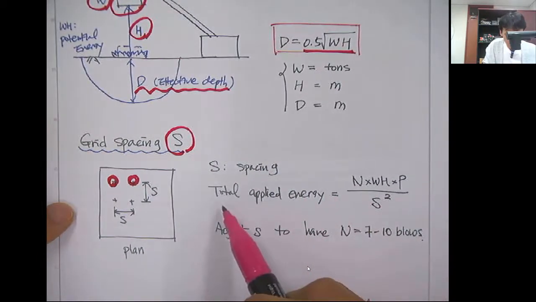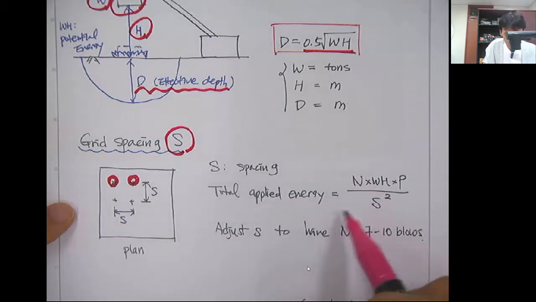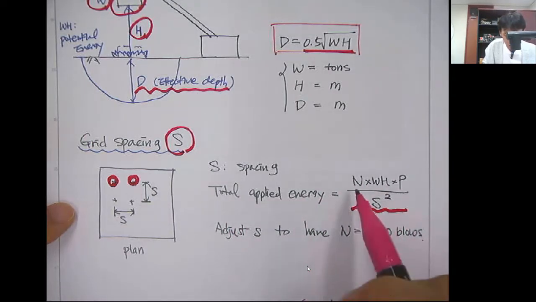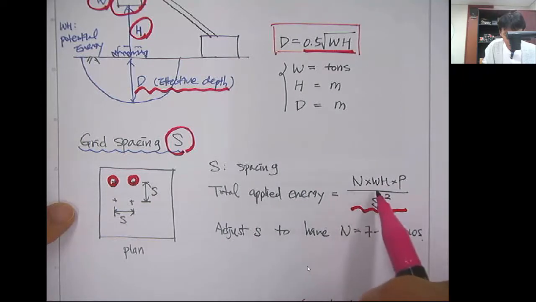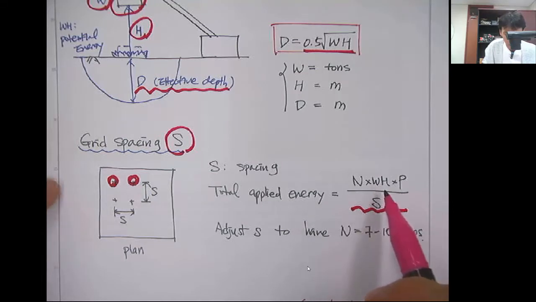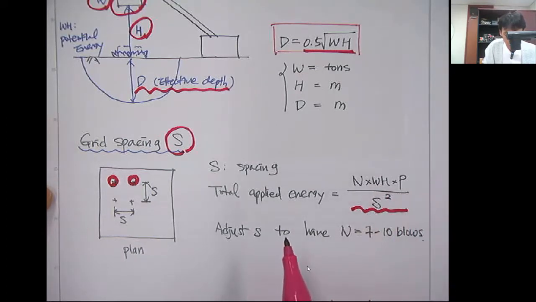The total energy applied by this DCC can be calculated with this equation, and here N is the number of drops, W is the weight of hammer or the weight of temper, H is the dropping height, P is the number of passes, and S is the spacing.